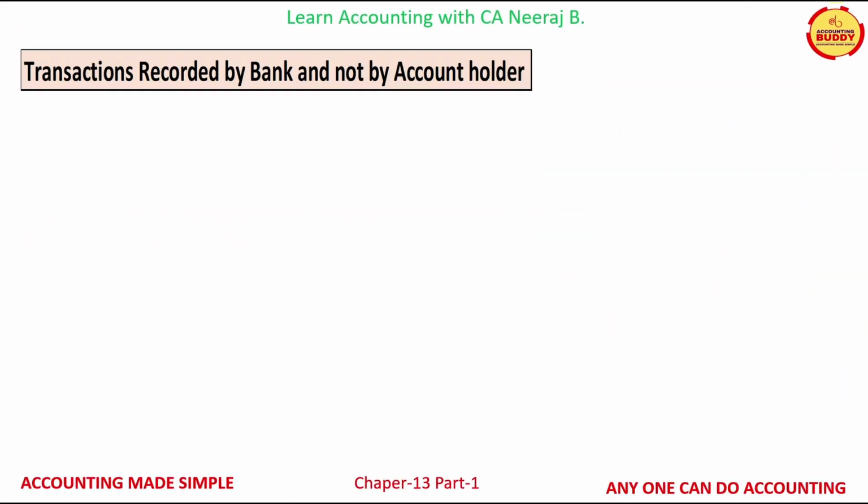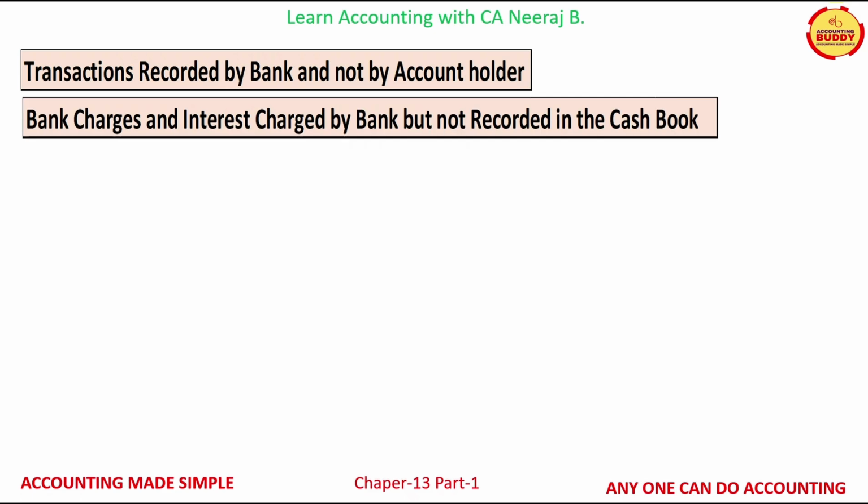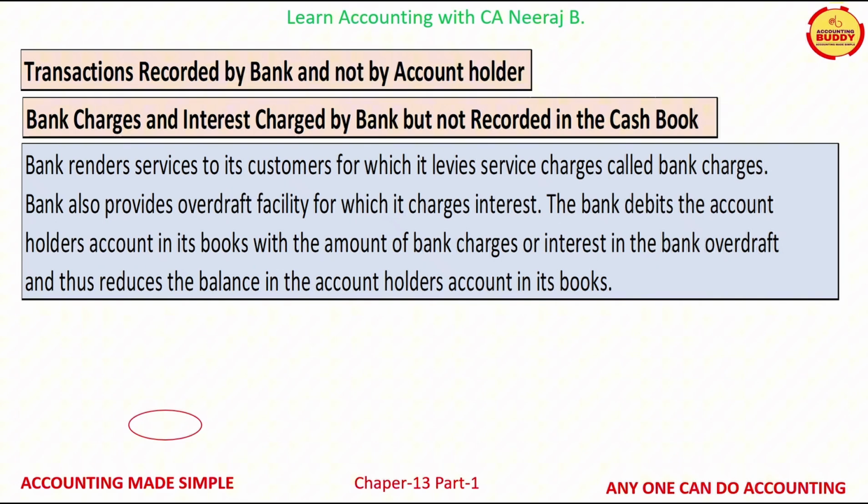Another reason for difference is the bank charges and the interest charged by the bank but not recorded in the cash book. The bank renders services to its customers for which it levies service charges called bank charges. The bank also provides an overdraft facility for which it charges interest. The bank debits the account holder's account in its books with the amount of bank charges or the interest on the bank overdraft and thus reduces the balance in the account holder's account in its books.